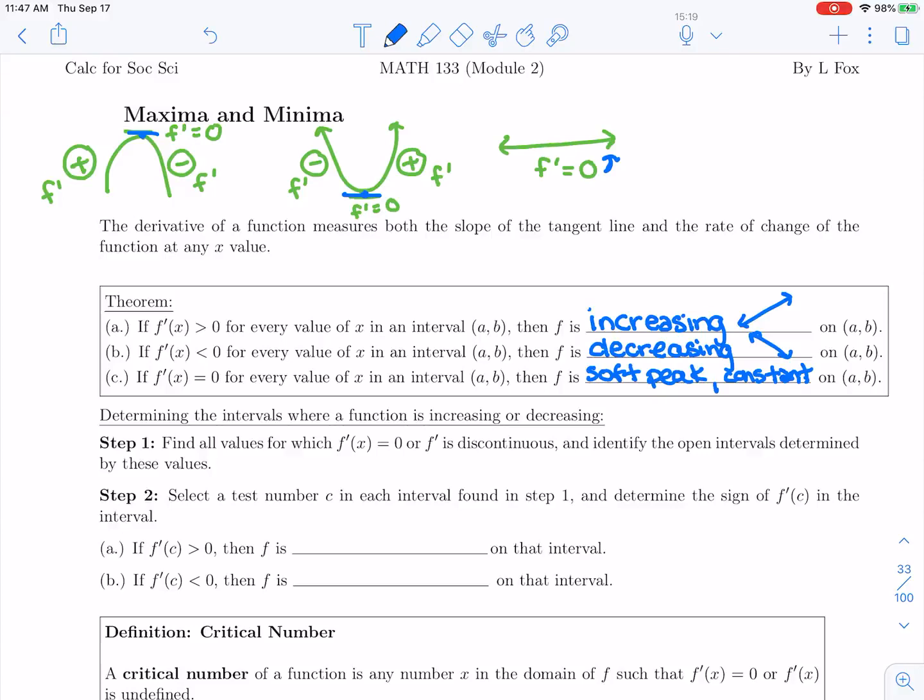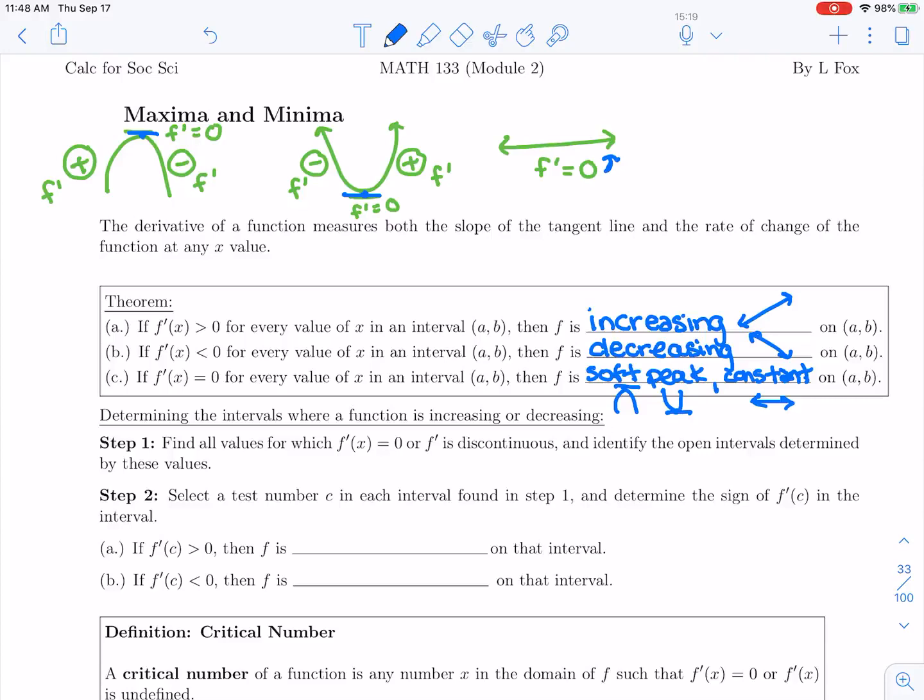So a 0 slope is neither increasing or decreasing. It's at the top, bottom of the soft peak, or it's just a straight part of the graph where it's not rising or falling. So there is our concept for this section.